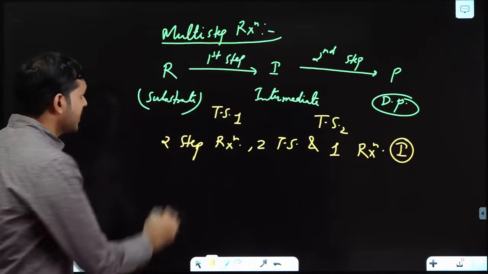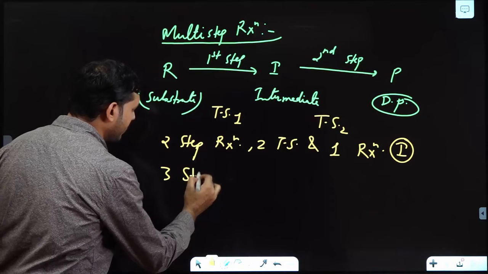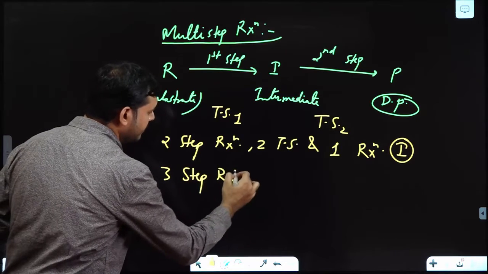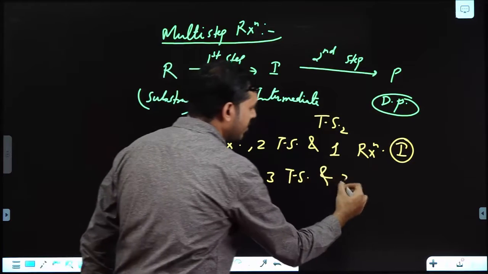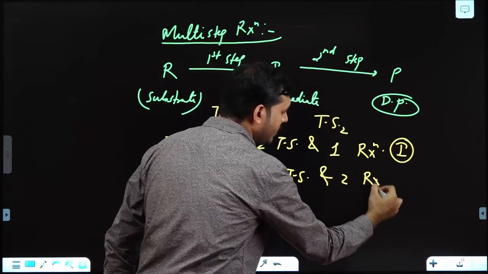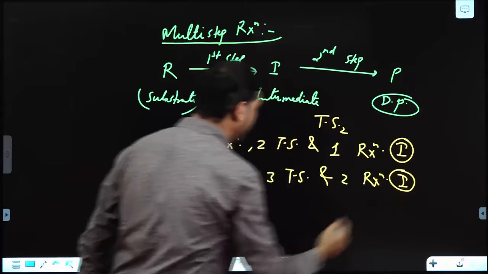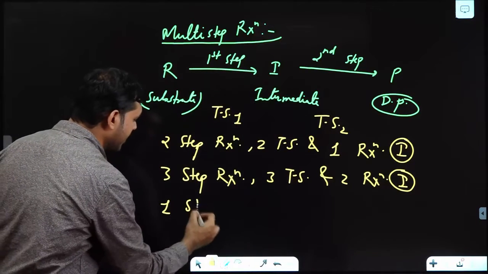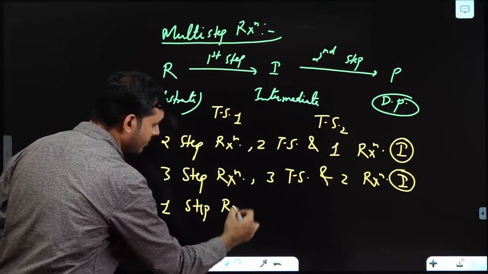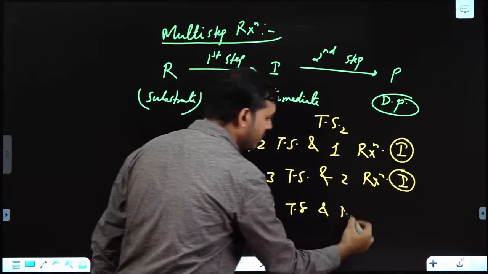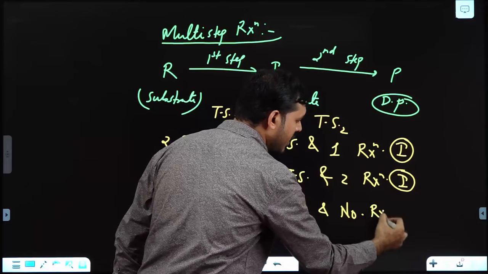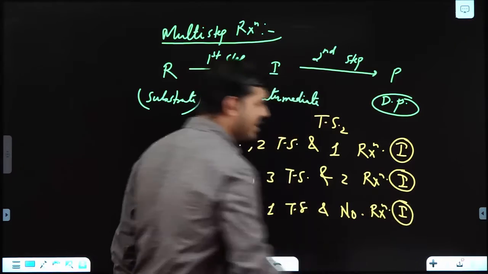Clear to you? Simply, if I have to say a 3-step reaction, then 3 transition states and 2 reaction intermediates. Now if I have to say a 1-step reaction, 1 transition state and no reaction intermediate.